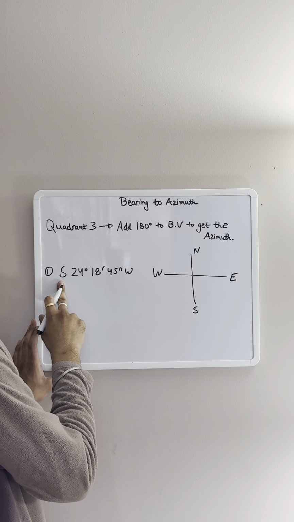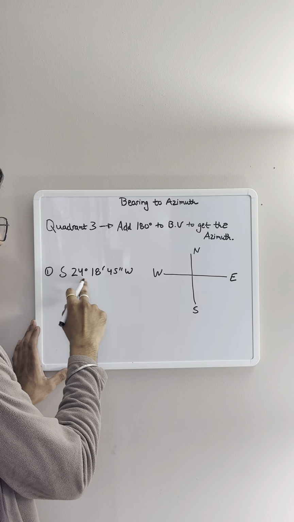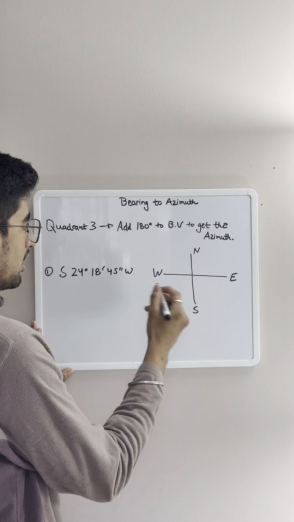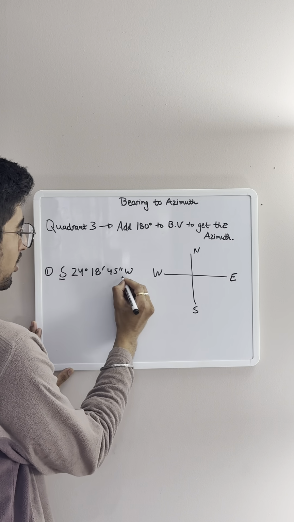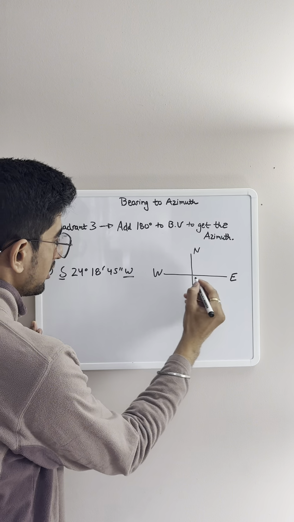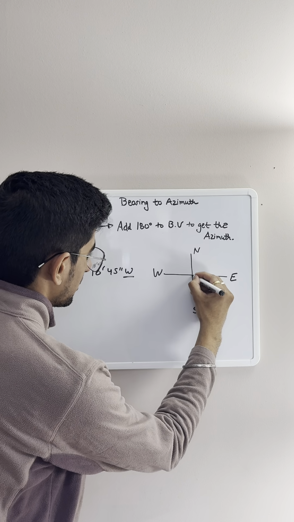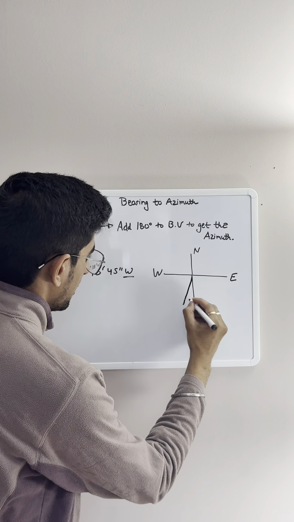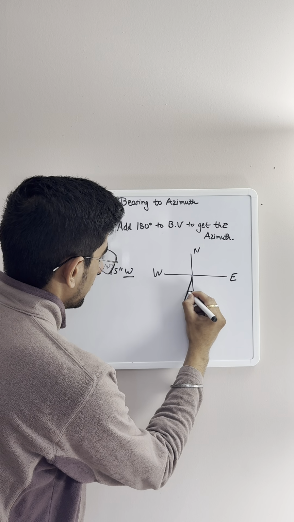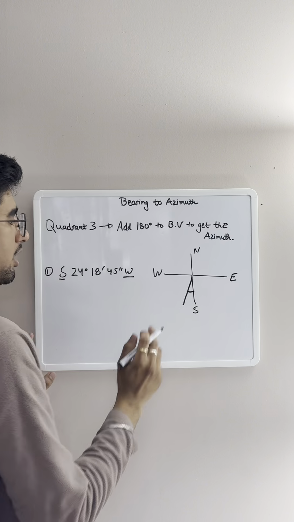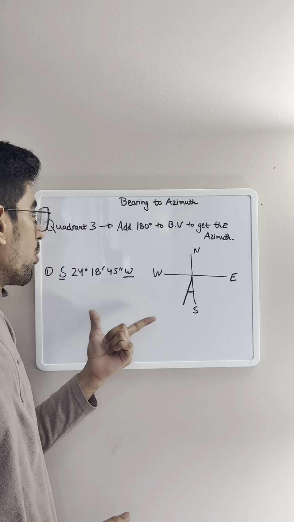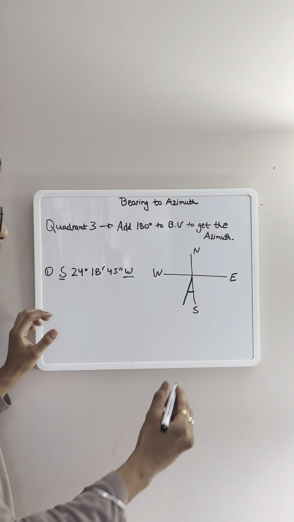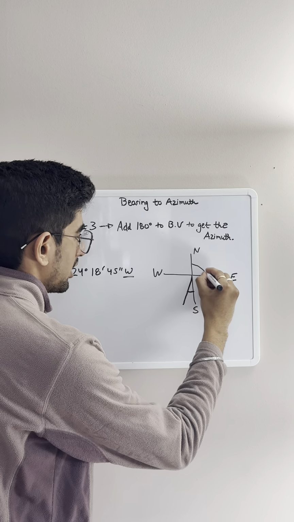Here the given bearing value is 24 degrees, 18 minutes 45 seconds, and it's oriented southwest. So it's very steep like that. That's our given bearing value, and we have to find this whole angle, the azimuth.